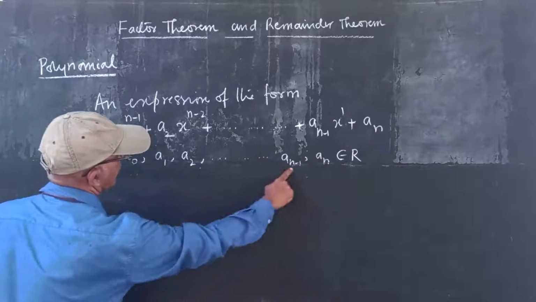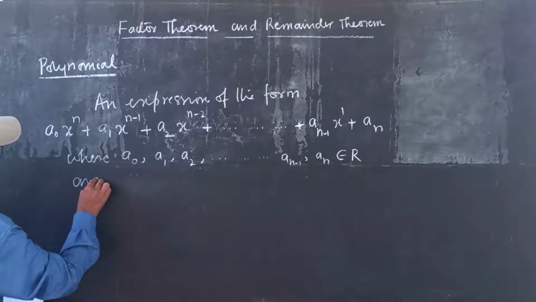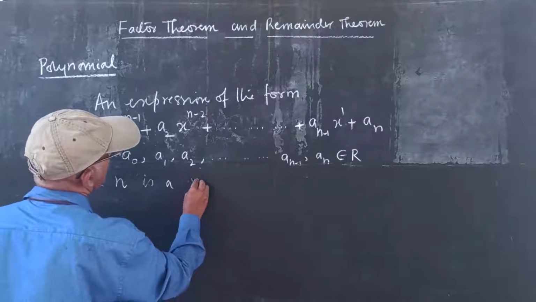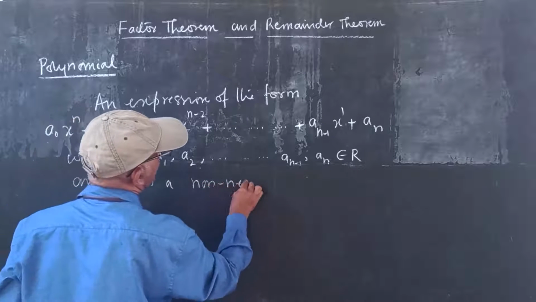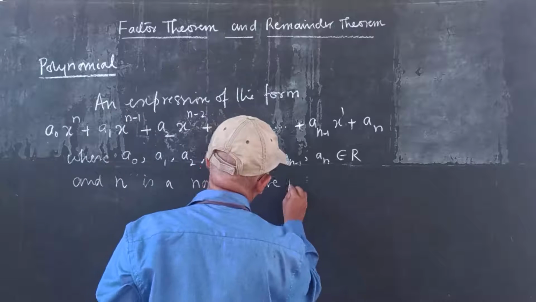These are all the real numbers. And n is a non-negative integer.